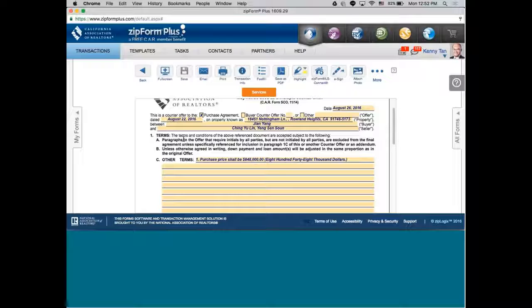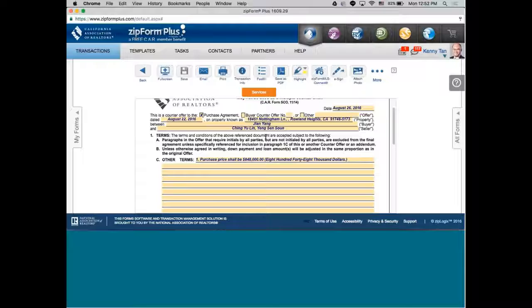But this one also says, unless specifically referenced for inclusion in paragraph 1C or another counteroffer or addendum. What that means is, if, for example, you prepare a counteroffer that is accepted by the buyer, both parties need to go back and ratify the original contract. What does it mean to ratify the original offer?